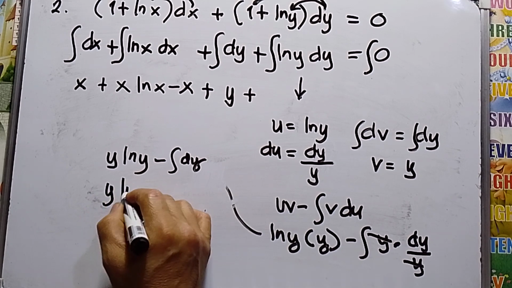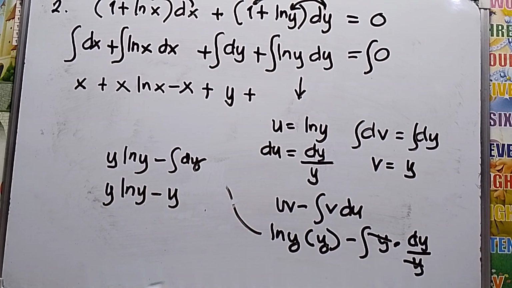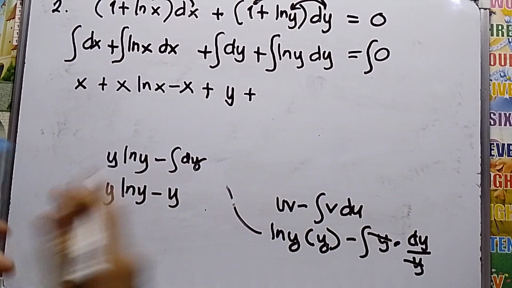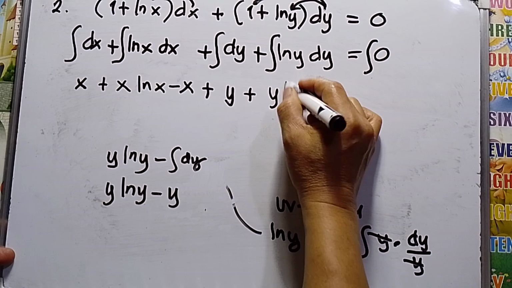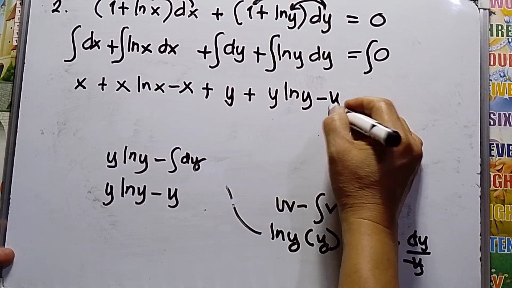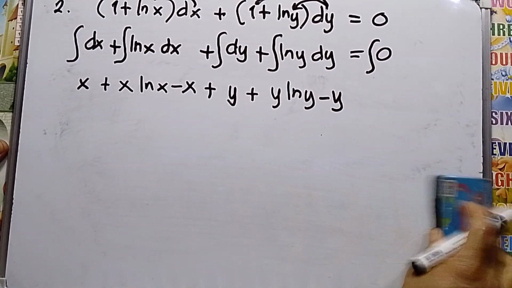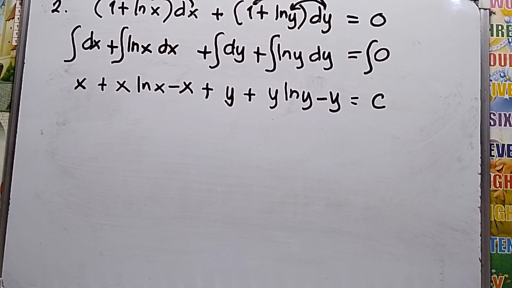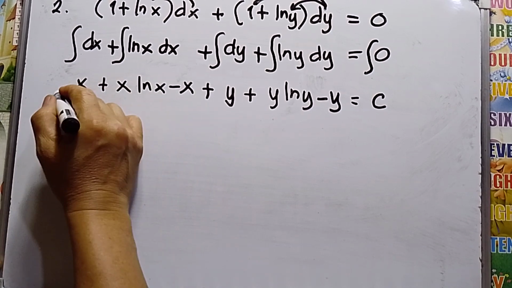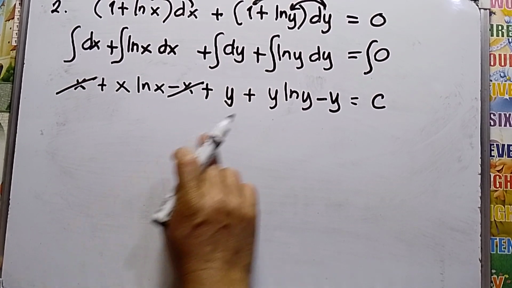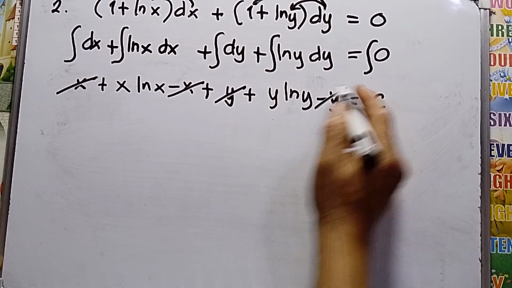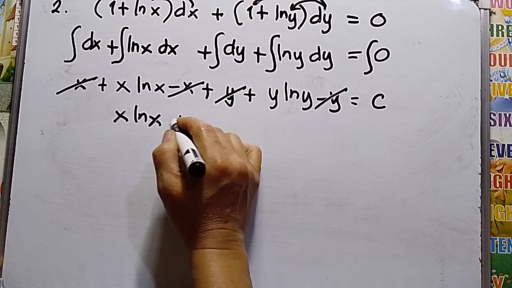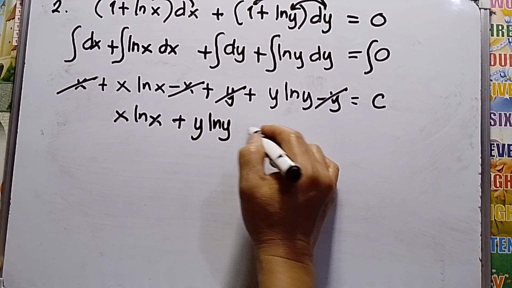So this will be y ln y minus y. Sorry to erase this one. So this will be y ln y minus y. Okay? So what is the integral of 0? This will be constant. Okay, so x and minus x will be crossed out. y and minus y will be crossed out. So I have here x ln x, then plus y ln y is equals to c.